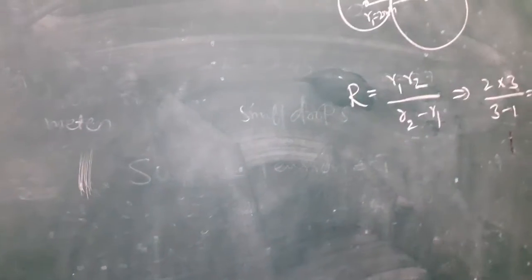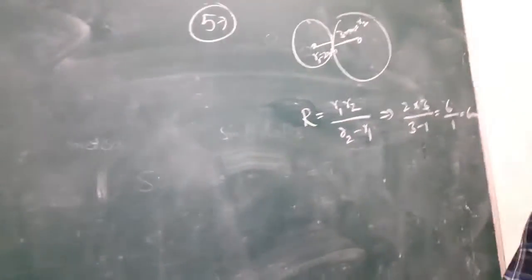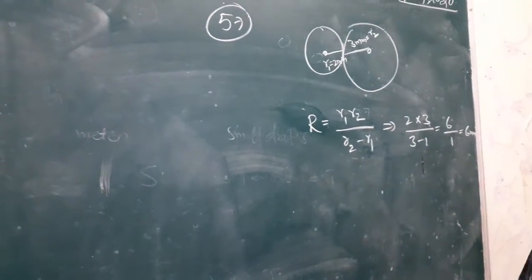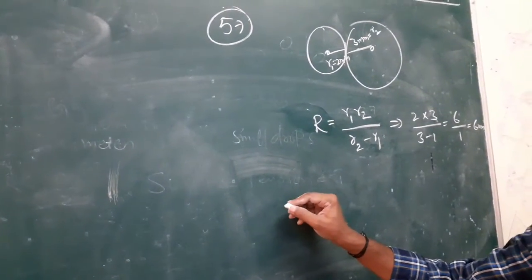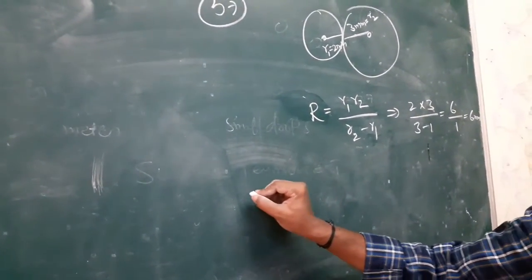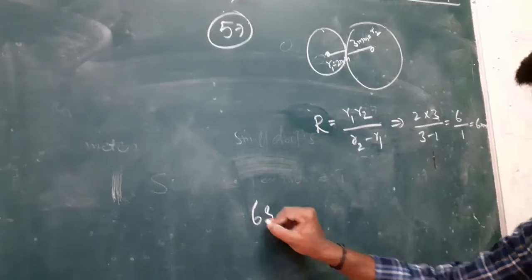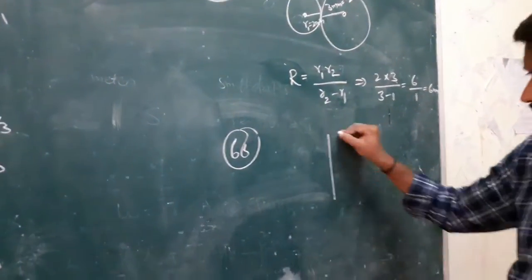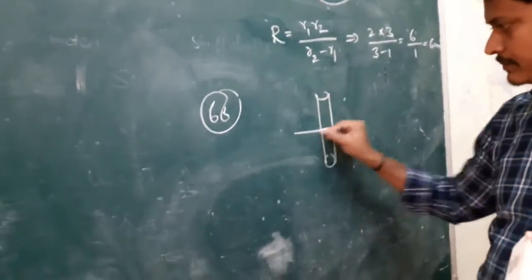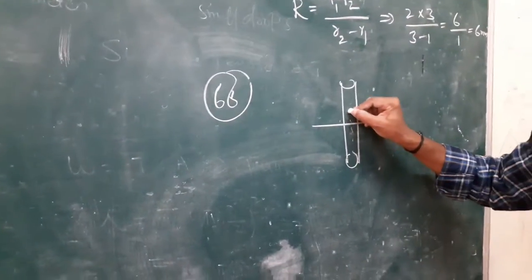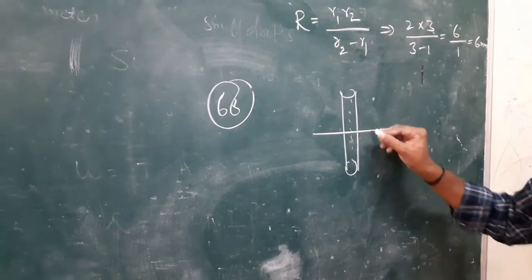One more question. Capillary tubes of the same material are dipped inside a liquid, and the liquid rises to a certain height.